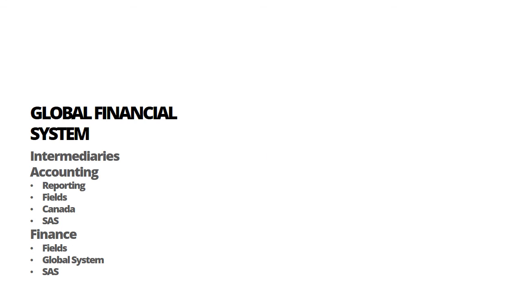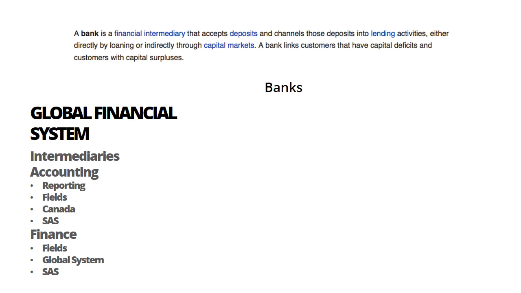Private banks are also an important part of the global financial system, and as you can see here, banks operate as intermediaries in business and other financial activities. There are two broad kinds of banks: retail banks, which provide a wide range of services for individuals and businesses, and investment banks, which help clients raise financial capital by underwriting or acting as the client's agent in the issuance of securities.